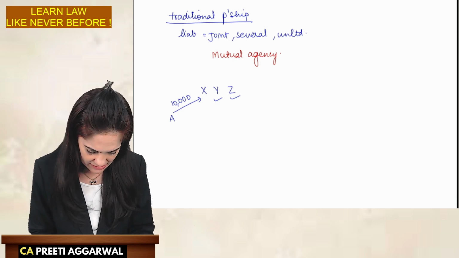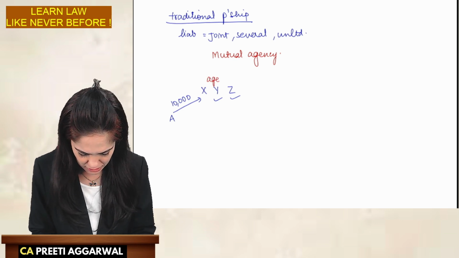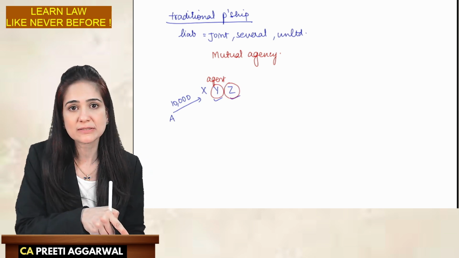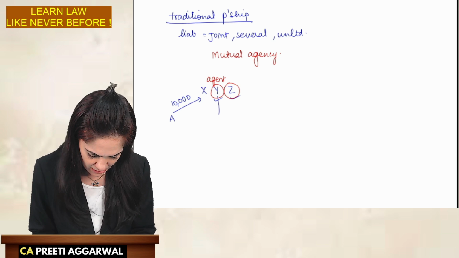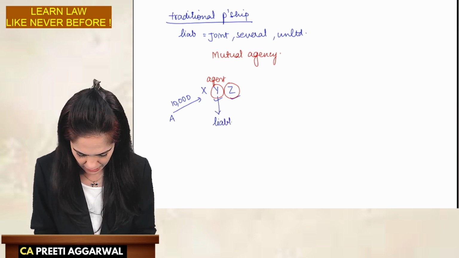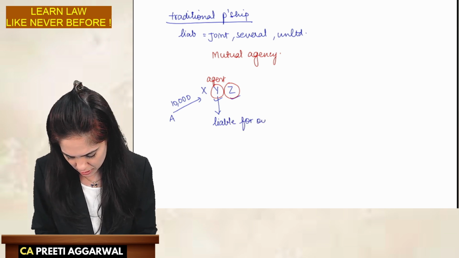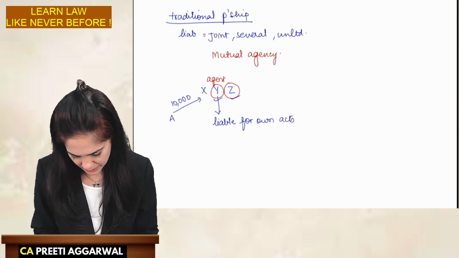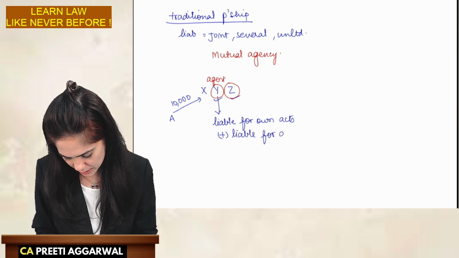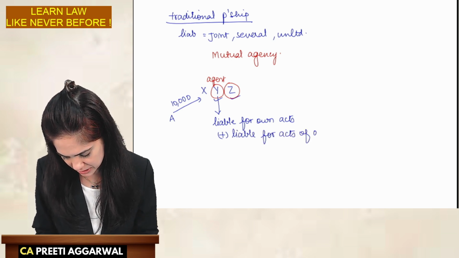So in this case, X as an agent, he can bind Y and Z by his acts. Now Y and Z, they are liable not only for their own acts, but they are also liable for acts of other partners.